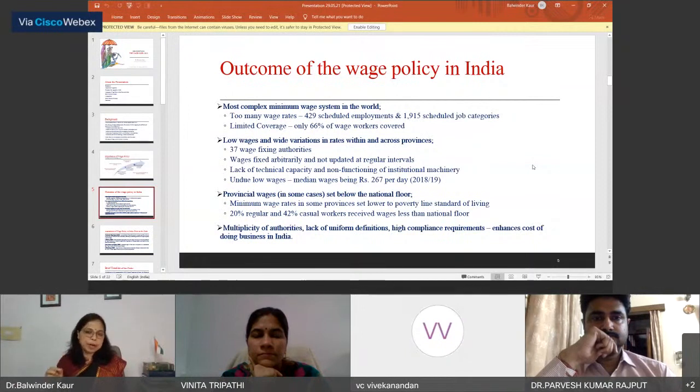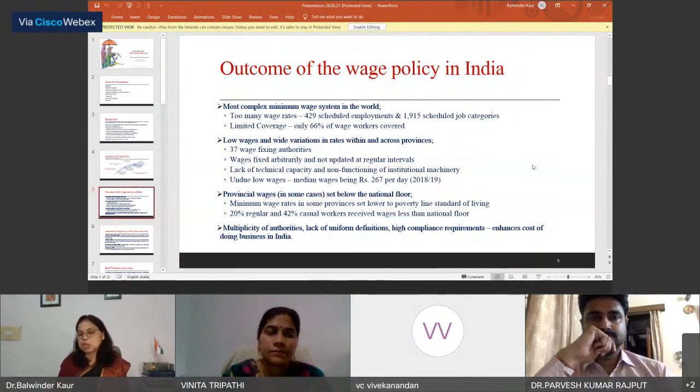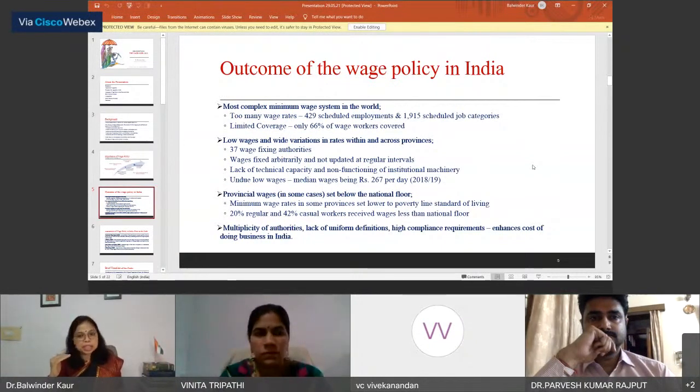And it is clearly stated under the Code on Wages 2019 that when the central government fixes the floor wage, the floor wage of the state should not be lower than the wage fixed by the central government. But we have seen that prior to the Code on Wages 2019, so many states were having minimum wages less than the national floor.